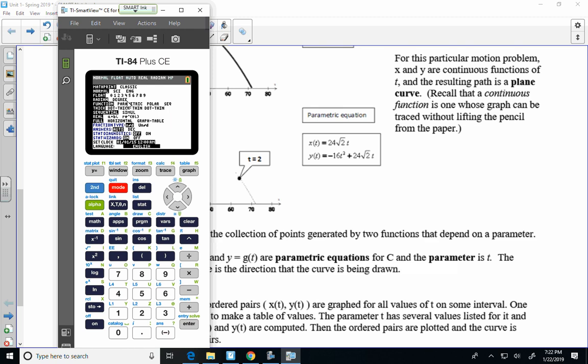Normal, in terms of the rounding, that's fine. Float, that's good. So you can see here we have function, parametric, polar, and sequential. On some of your calculators, it'll just say par instead of parametric, but that's the same function. So if you select that, it'll put your calculator in parametric mode.